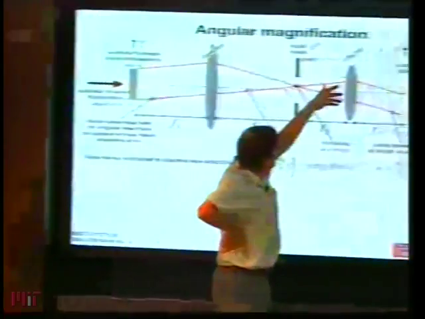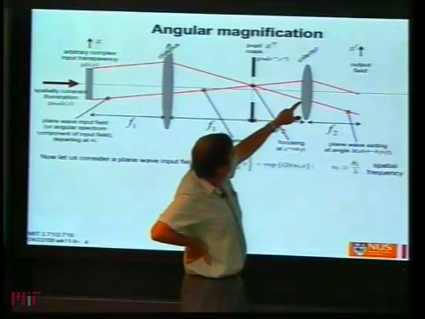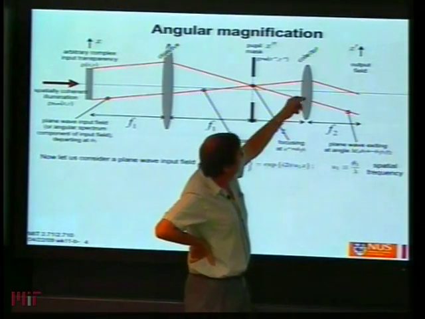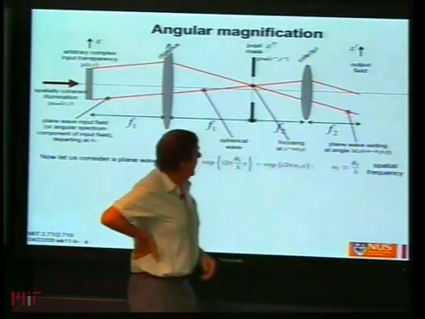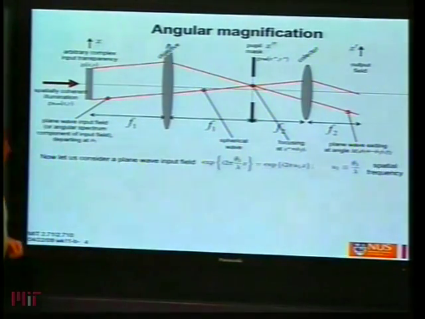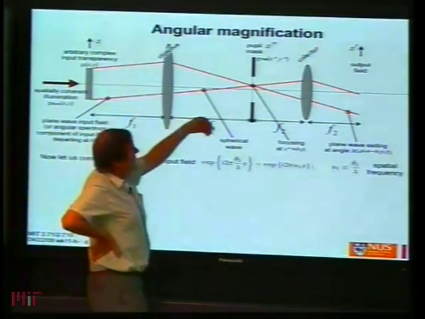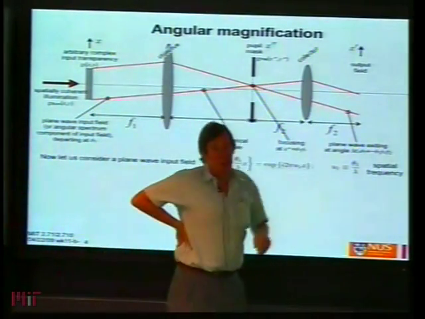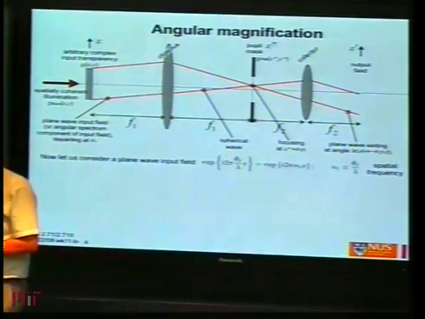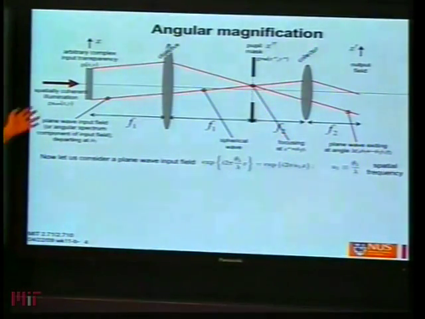It then spreads again, and is collimated by this lens to produce another parallel wave there. But you'll notice that the angle of this wave is not the same as the angle of this wave. For a start, they have opposite sign. That one's going up, that one's coming down. But that's what you'd expect, because of the same inversion we've been talking about.